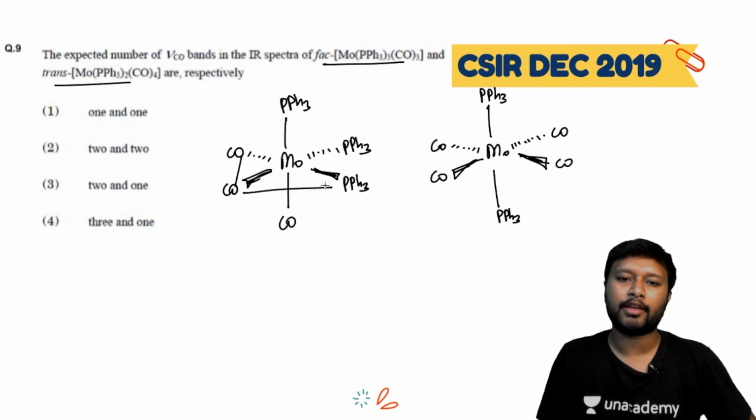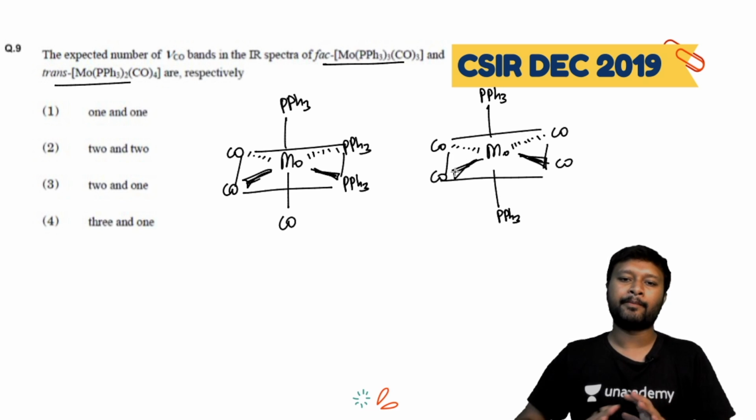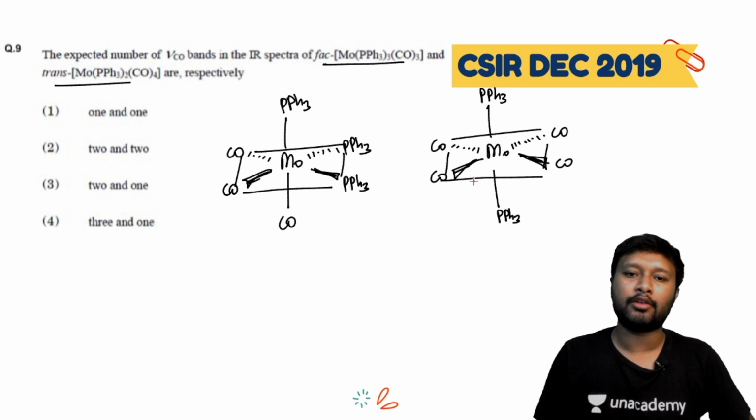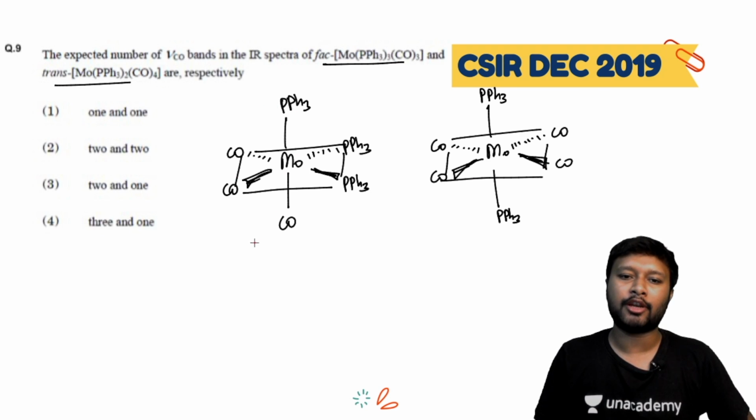I can join them in order to show you the axial and the equatorial bonds. Now the point group of this particular facial isomer is C3v, and the point group for the trans one is D4h.